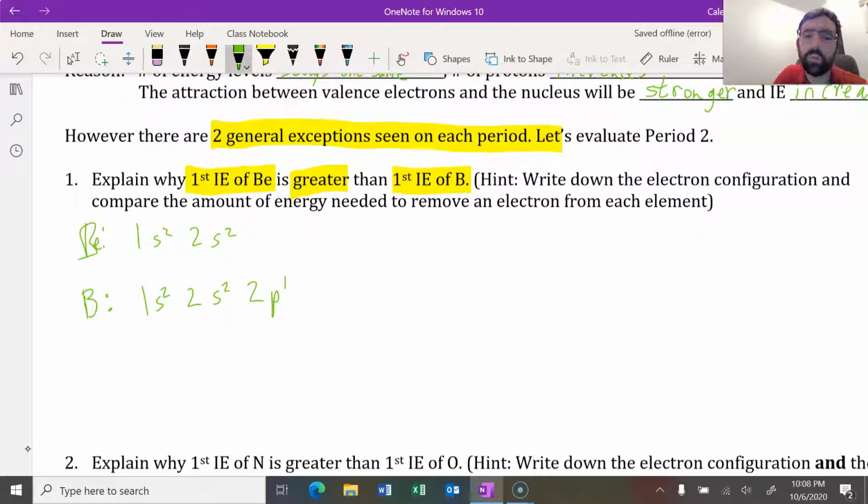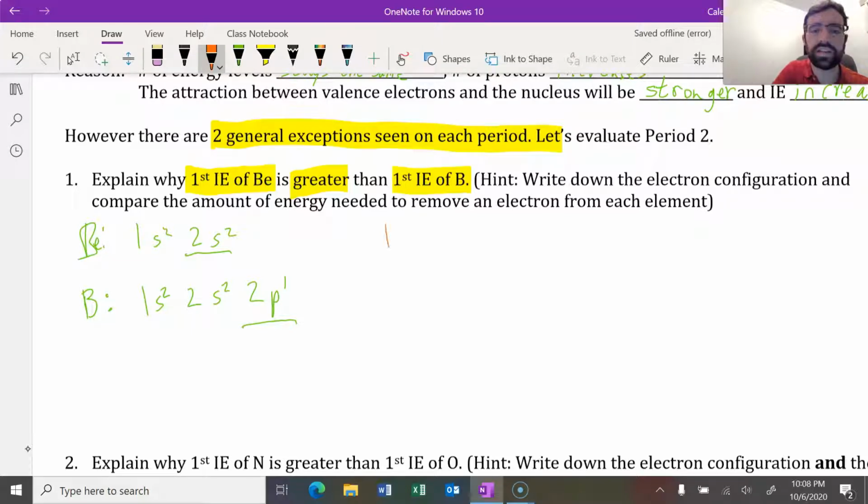So I've got more protons as we go across the row still. But if you look at this, I've got a 2s sublevel. That's where my last electron is. And over here I have a 2p sublevel. That's where my last electron is.